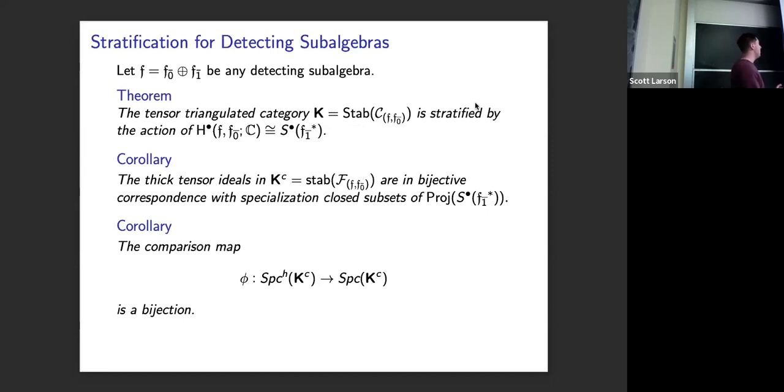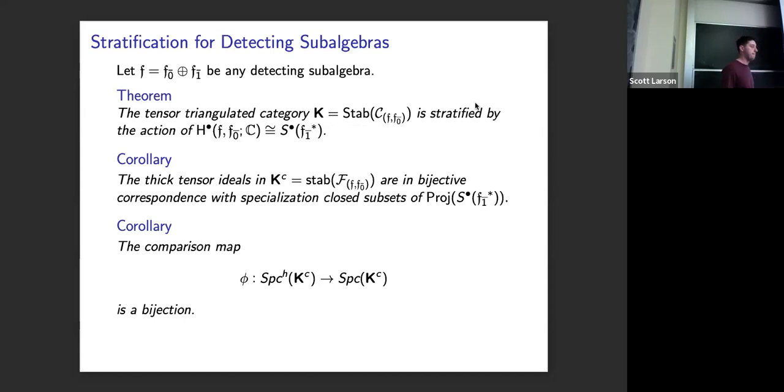I wrote it as a corollary, but it's not clear why just from what I've told you. It turns out that it actually verifies nerves of steel in this setting, so the comparison map between the homological spectrum and the Balmer spectrum is a bijection. So you may want to mention that this corollary was actually an open problem.